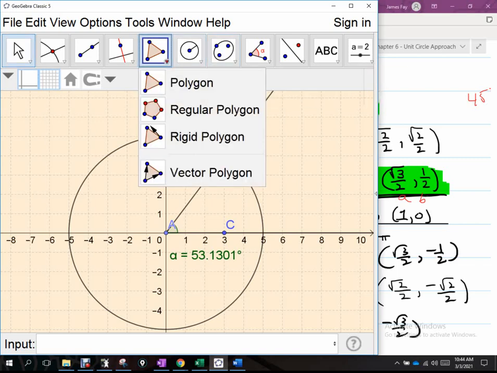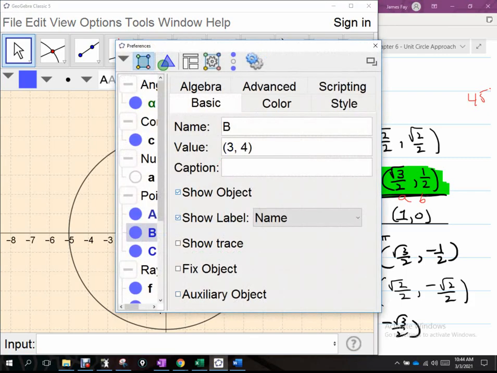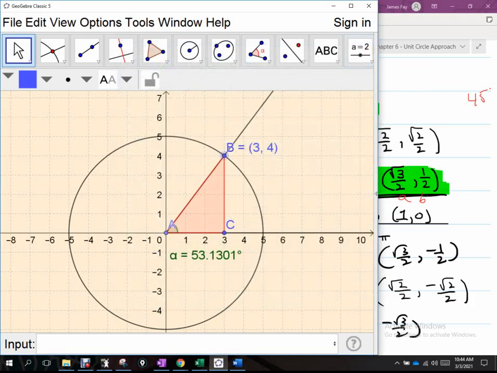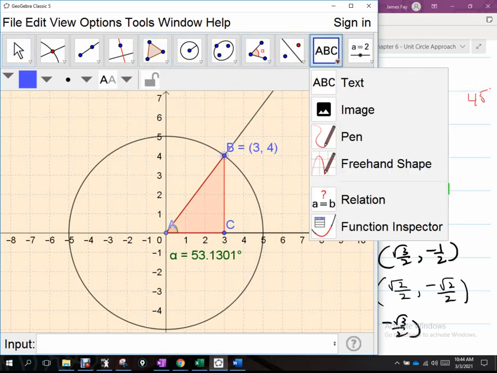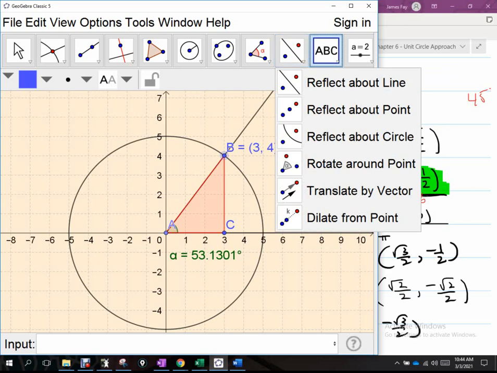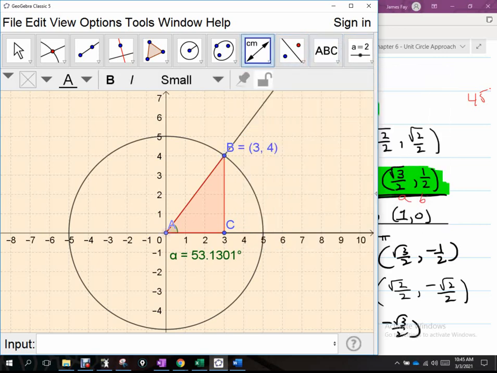The relationship is that there is a triangle right here that is a right triangle, correct? And if I look at point B, that ordered pair is 3, 4. So there's your x and there's your y. What is your r for this triangle, or this circle? We said it was 5, didn't we?